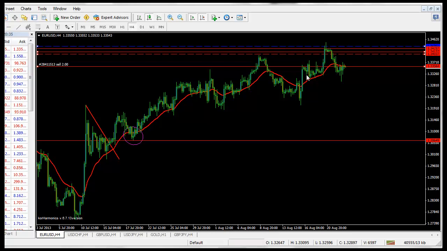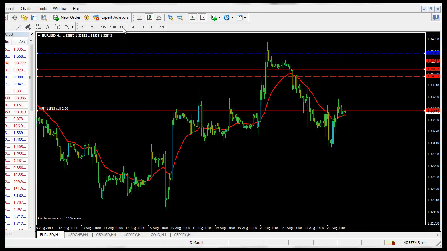And what you can see is that we've actually broken the most recent higher low, so that was putting us bullish on the 4-hour, and now we've broken that, and we're now bearish on the 4-hour. So we're going to hold that position and actually look for other positions.